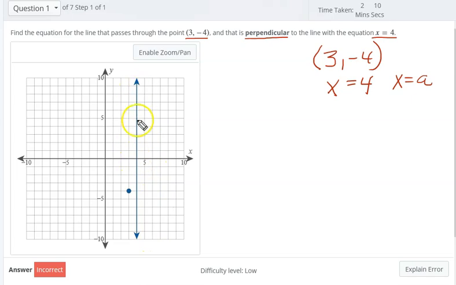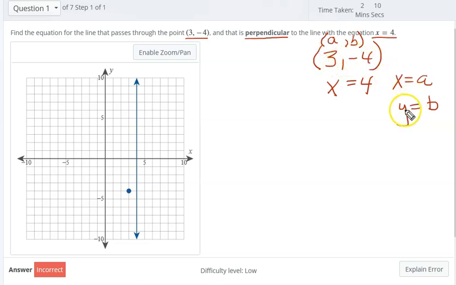So this blue line here is this equation. Now you want a line that's perpendicular to it. Well, what kind of line would be perpendicular to a vertical line? Well, a horizontal line. Then that one is y equals b. Now, as we look at our ordered pair, remember we said we could list this as a comma b.